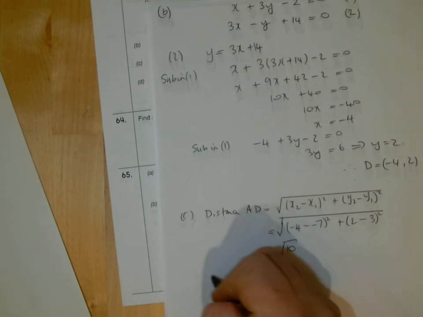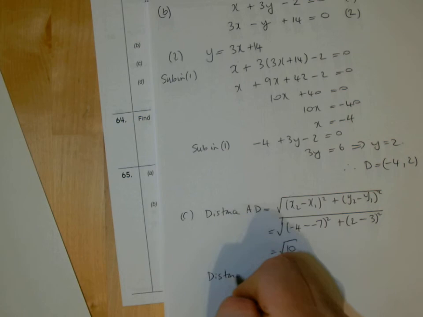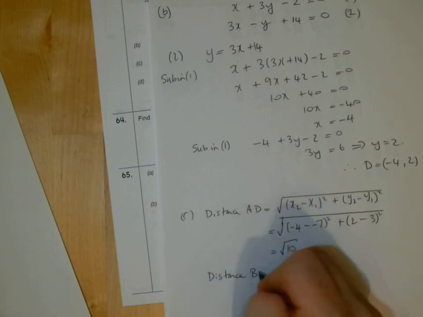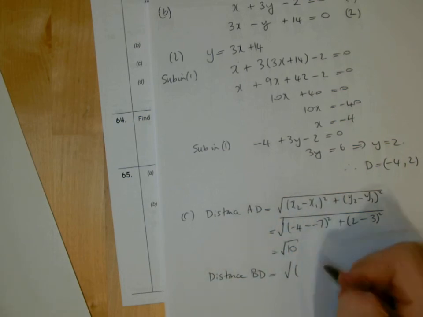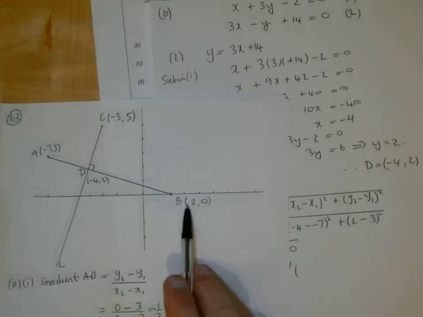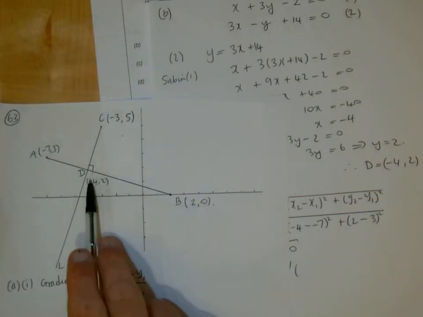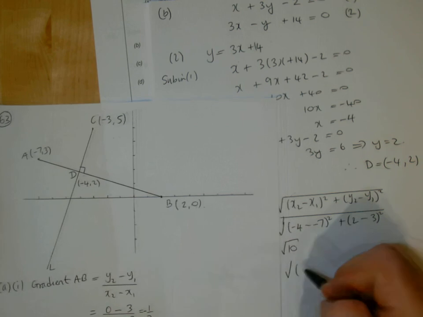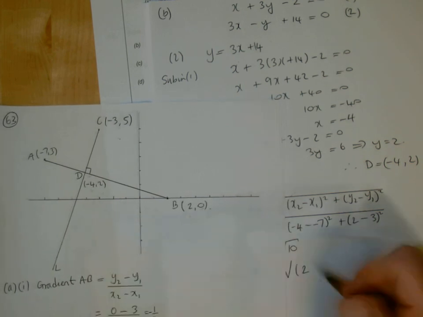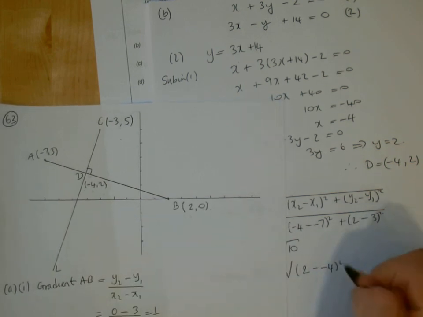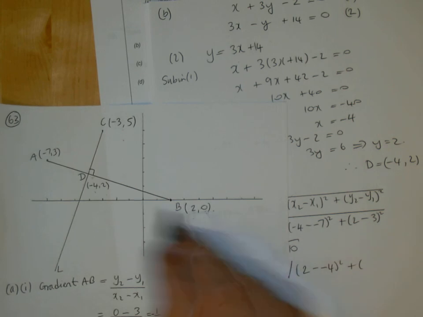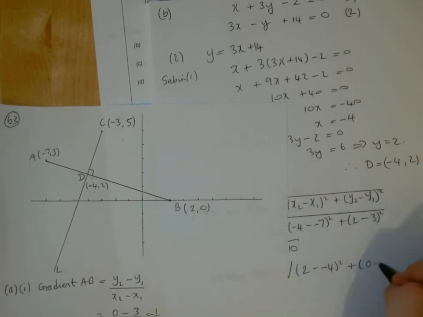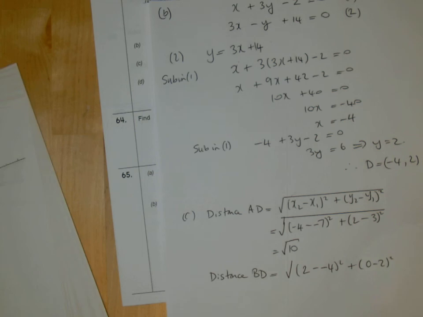So what I'll do then is work out the distance BD, so again, maybe I'll call that my x2, y2, and that'll be my x1, y1. So it'll be 2 take away minus 4 all squared, plus then 0 take away 2 all squared.